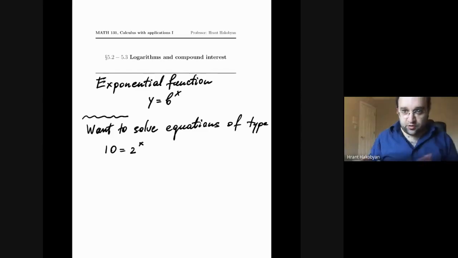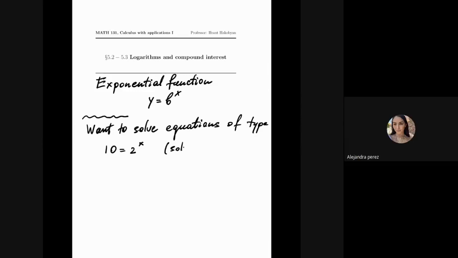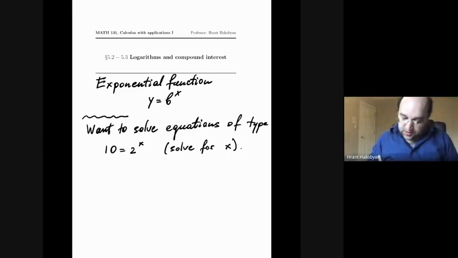And don't tell me that this doesn't have a solution because there is no power of 2 which is equal to 10, because it turns out that there is. So this is an equation, and we want to solve for x.